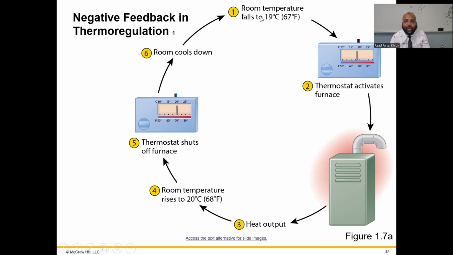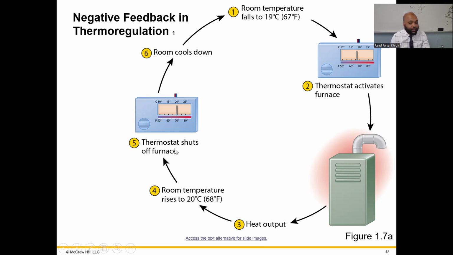A sensor senses that the room temperature has fallen, so now it's too cold. Then the thermostat activates the furnace, there's heat output, and the room temperature jumps up to 20 degrees Celsius. Then the thermostat stops, because if it keeps going, it's going to get even hotter. Then the room cools down to the homeostatic range we want.